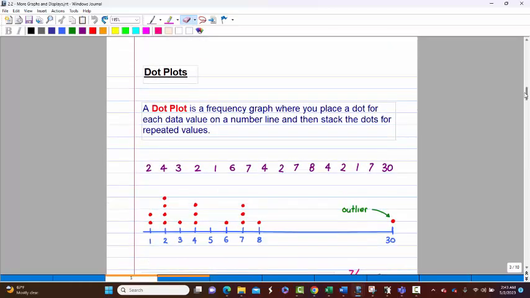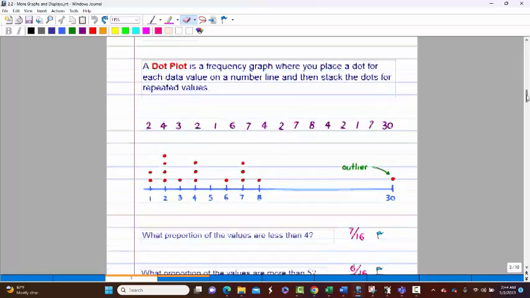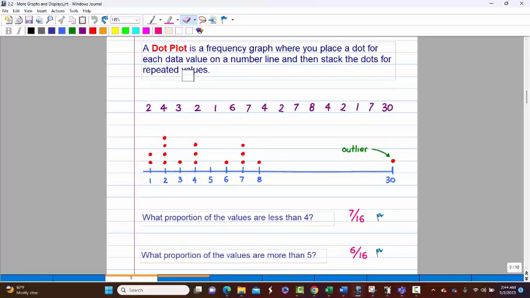Dot plots. Okay, dot plots are really easy to construct. The idea is that you have a number line, and every time you have a data value, you put a dot above that number on the number line. So I'll walk through this here.